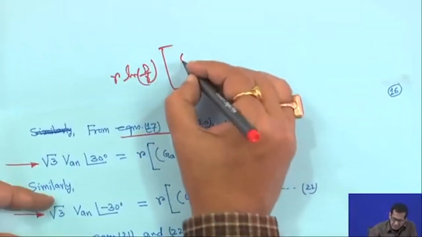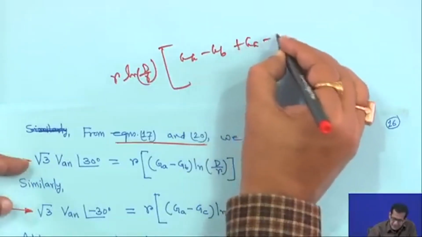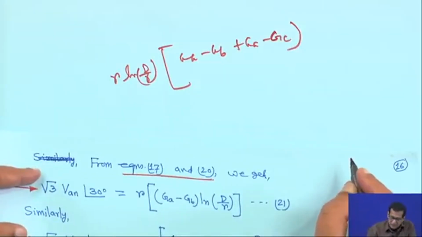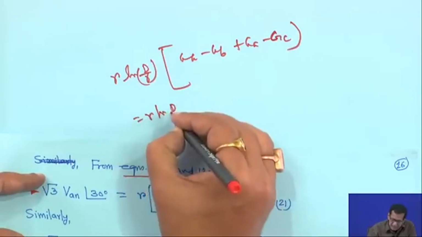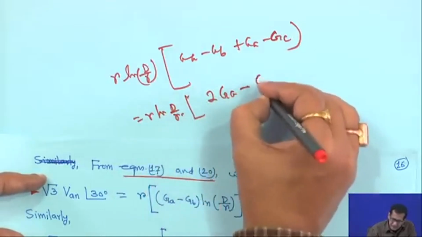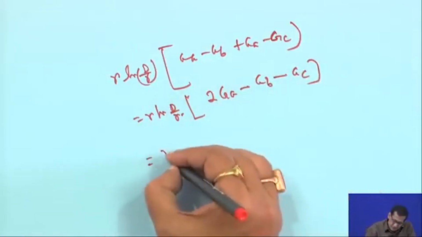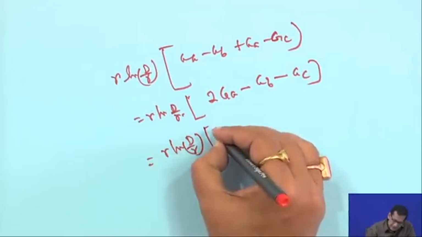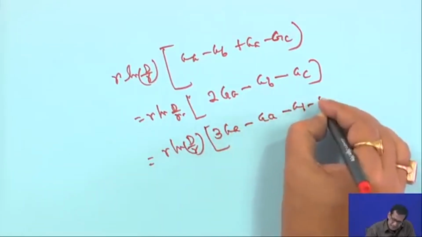So in the bracket it will be Ga minus Gb plus Ga minus Gc, and this will be R ln d upon R into 2 Ga minus Gb minus Gc. Then you add 1 Ga, it will be 3 Ga, then minus Ga minus Gb minus Gc.